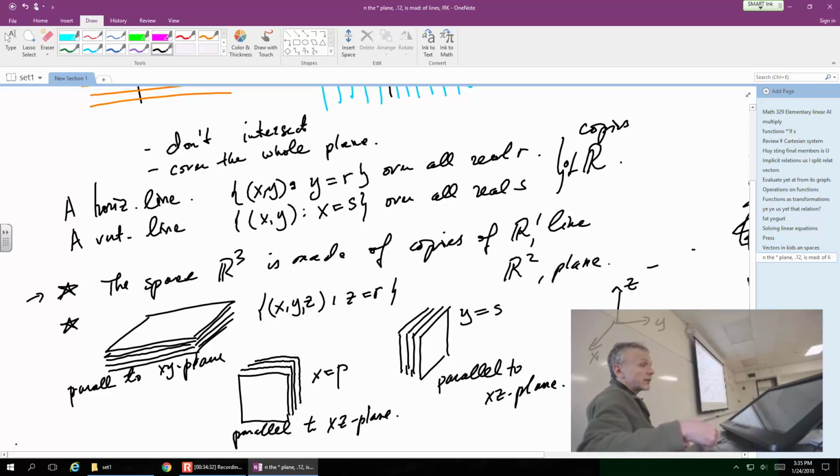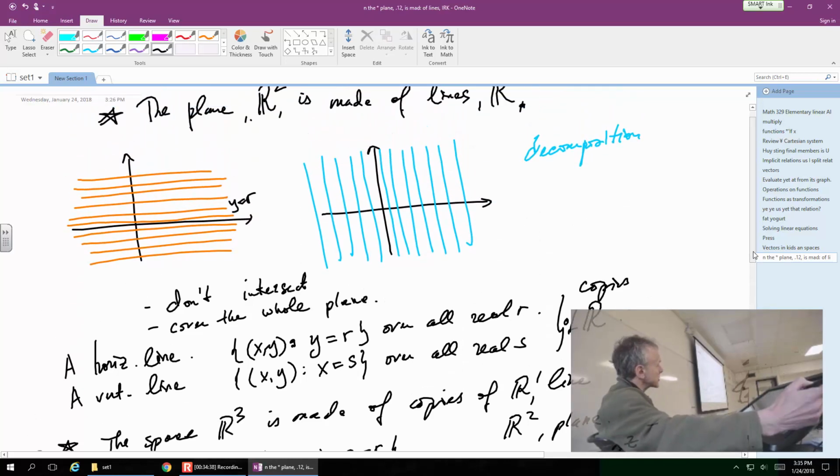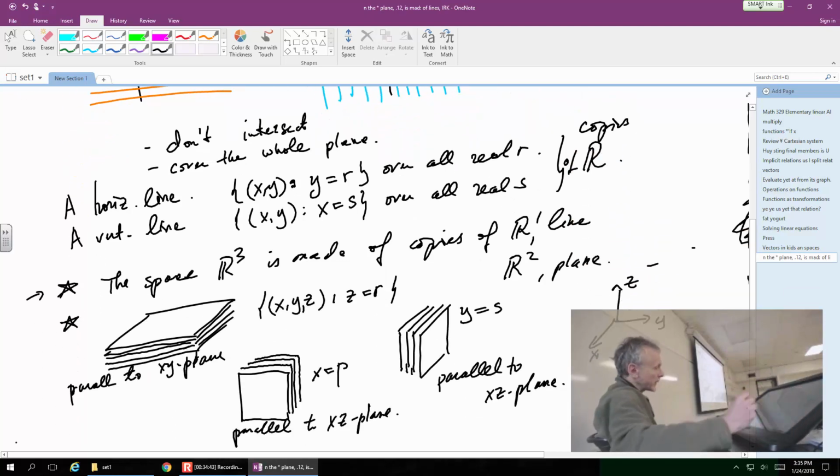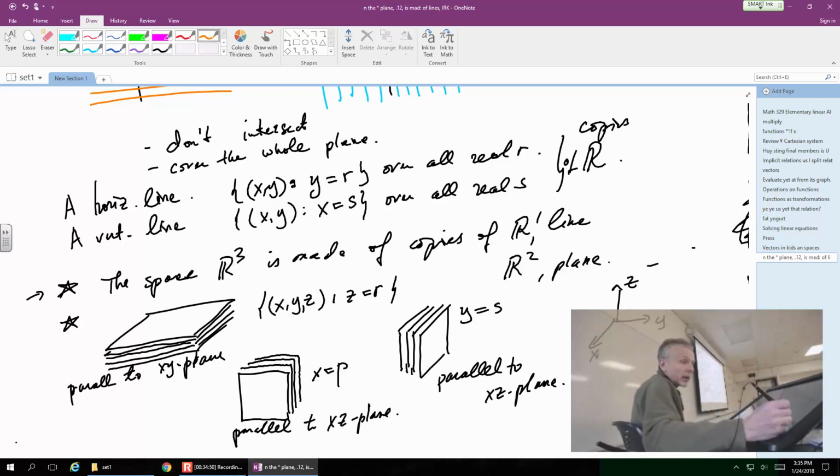Well, it's not different, think about it. According to this picture, we know how to represent planes in terms of lines. And we have represented our space in terms of planes. So space in terms of planes, planes in terms of lines, right? So I could just take those and mimic what I have right there at the top, and put it like this.